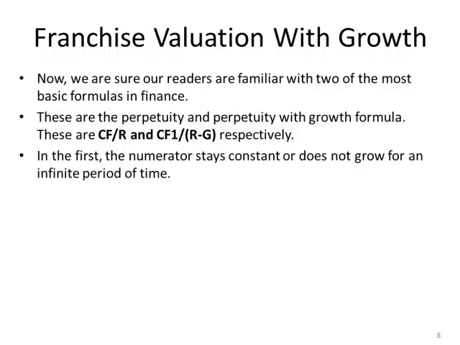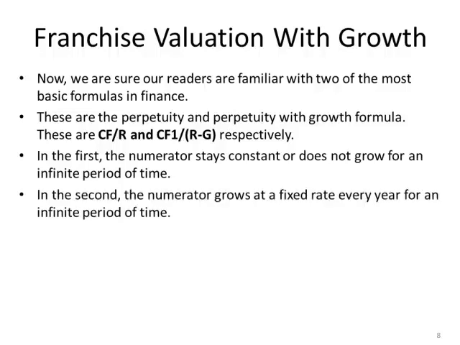We assume that the terminal cash flow, for example, is constant. And in the second, the numerator is going to grow at a fixed rate every year for an infinite period of time, so the growth rate is G. If CF1 is 100, then CF2 will be 100 times 1 plus G, and CF3 will be 100 times 1 plus G squared, and so on.